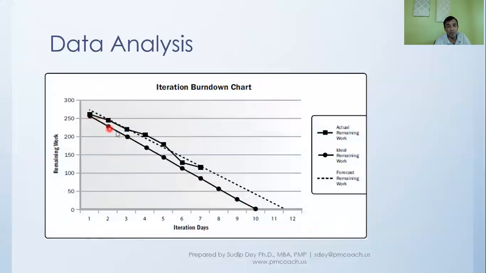As we move through, we are saying that we will be finishing all this work, and on day 10 we should be finished. But then when we're keeping track, we find that instead of going through the straight line, it is moving in this fashion. Based on this line, we might do a focus and say that, though we said it will take 10 days, it seems it will take 12 days. And if required, we might want to do some investigation on that.